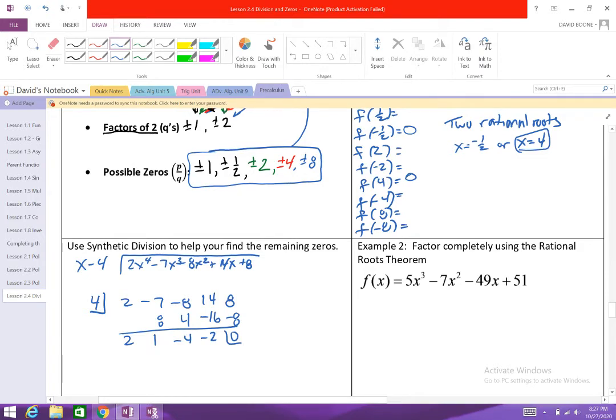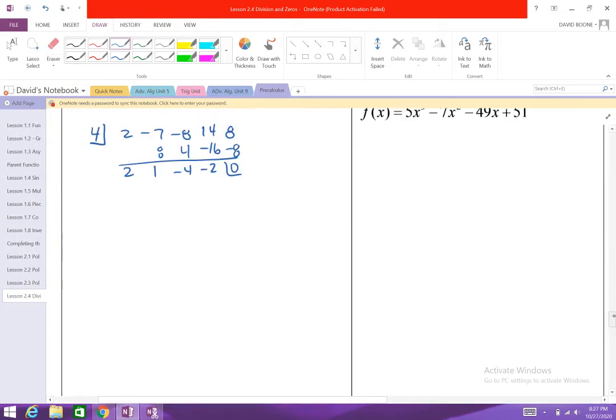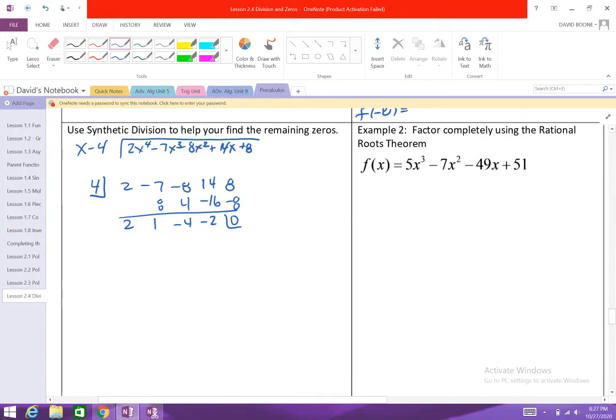So far, in factoring this problem, we would have our function in factored form, f of x equals x minus 4, and then the polynomial that we create from here, which should be 2x, and again down 1 from there, so 2x to the 3rd, plus x squared minus 4x minus 2.